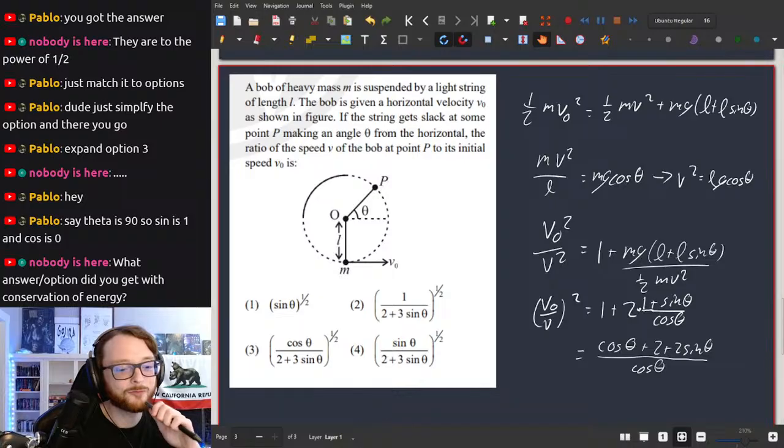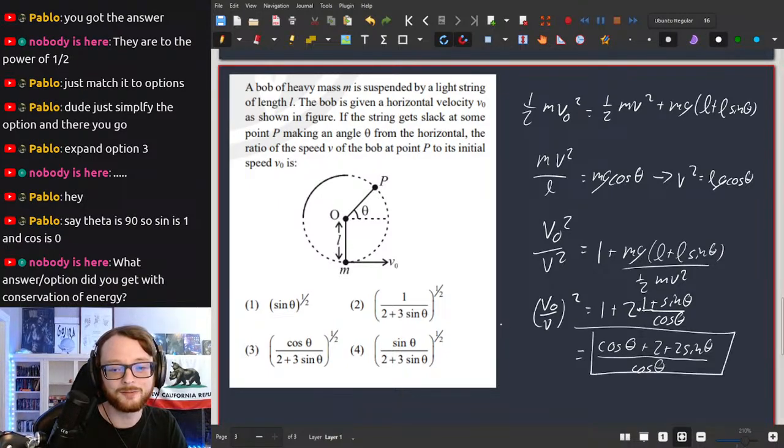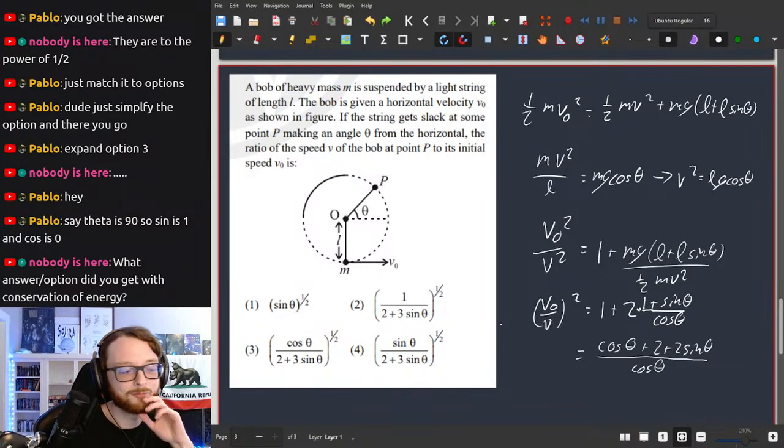Just because they have some overlap doesn't mean it's the same answer, though. This work is wrong. No, nobody's here. This is what I got. It doesn't match any of the given answers, though.